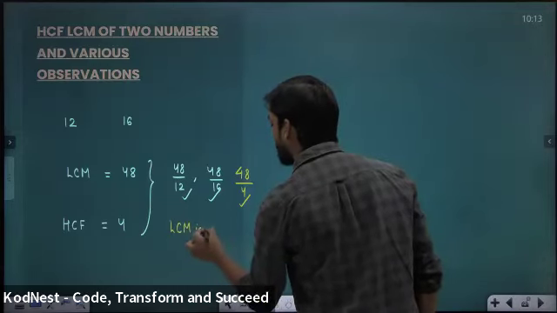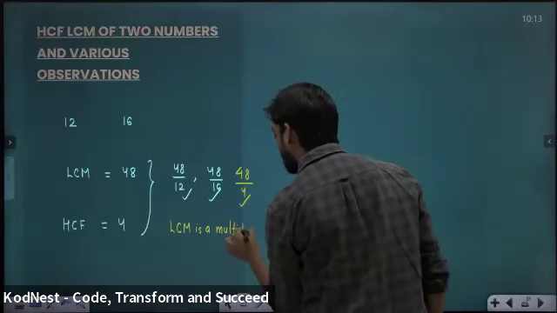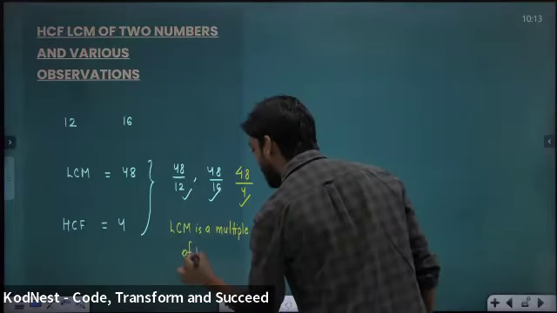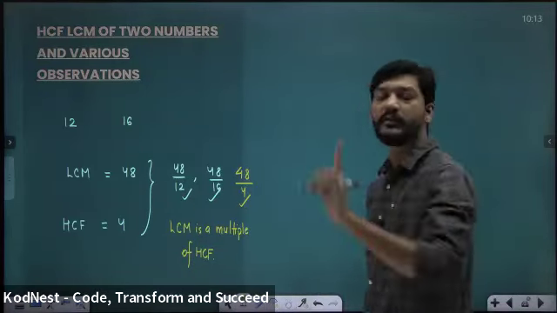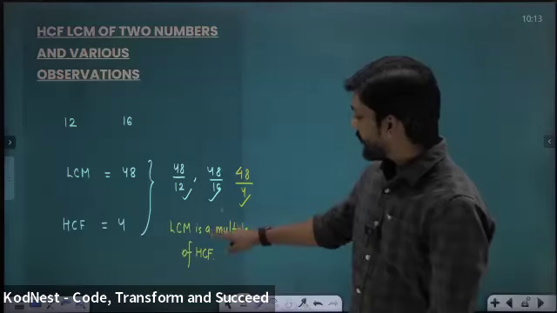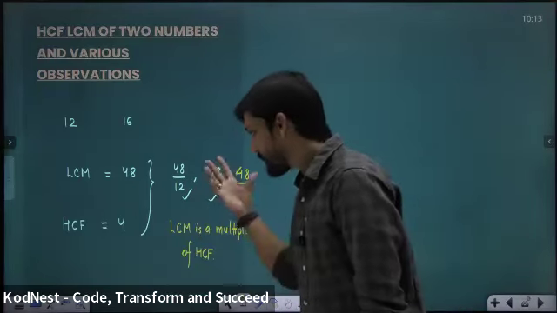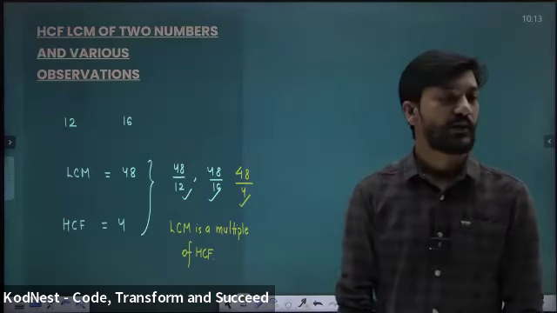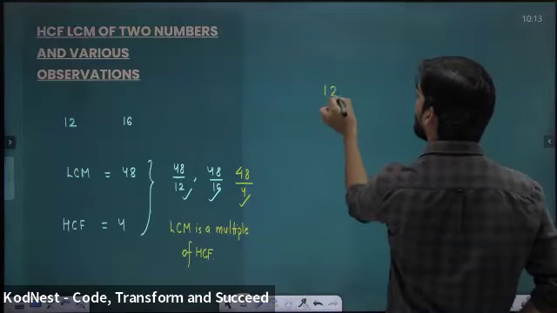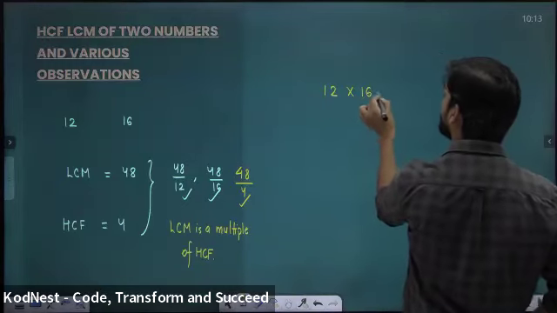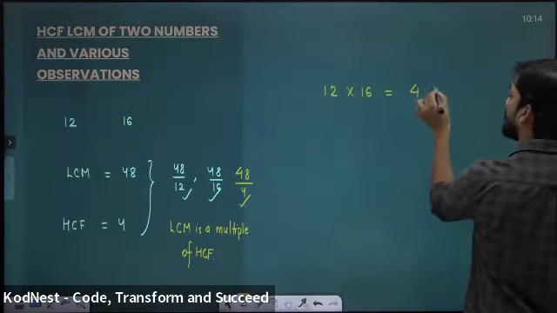So the first thing which you have to notice is LCM is a multiple of HCF. Always, not just this example, always. So HCF, if you notice, is going to be a factor. LCM is a multiple of HCF. Okay, one more thing. Are you noticing that if I multiply 12 and 16, and if I multiply 48 and 4, I will get the same answer?